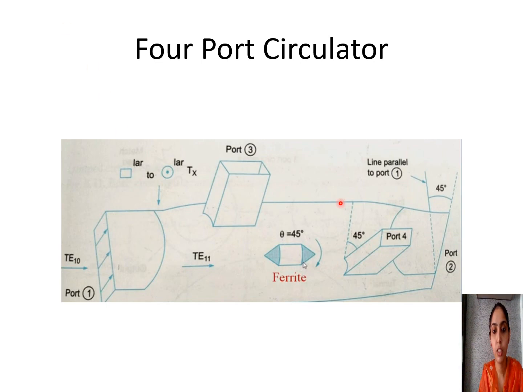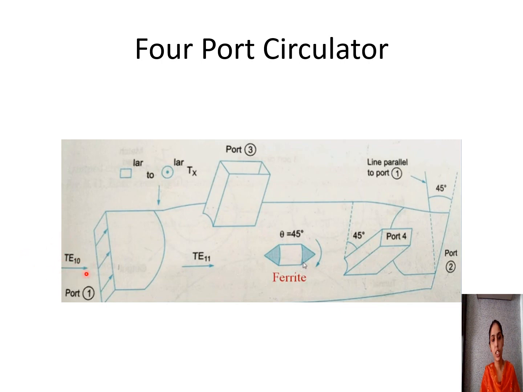Now this is a figure for a 4-port circulator. So now we can understand why we saw the property of a ferrite, that is Faraday rotation, in the beginning, because we are actually employing the ferrite here for the working of the circulator. The signal applied at port 1, the dominant mode in a rectangular waveguide, is the TE10 mode.